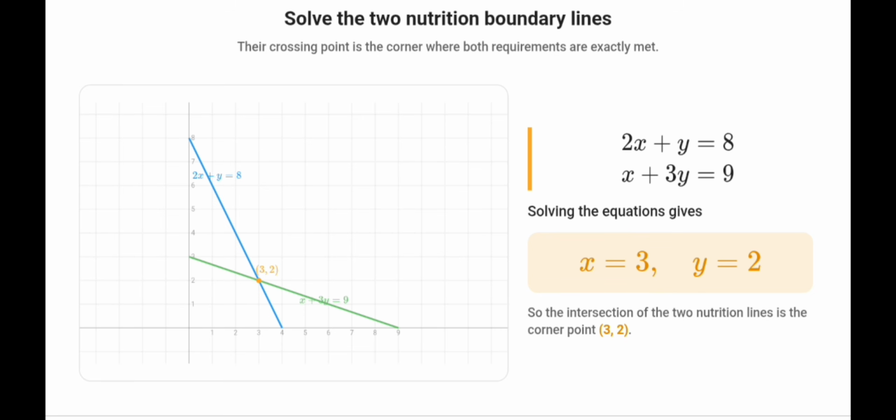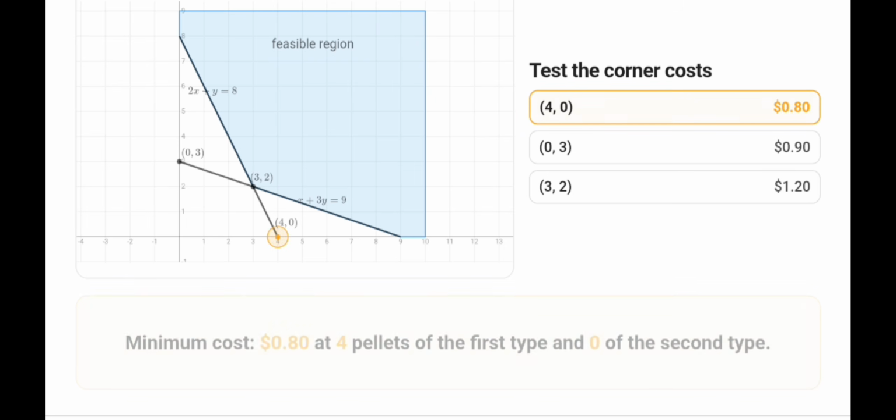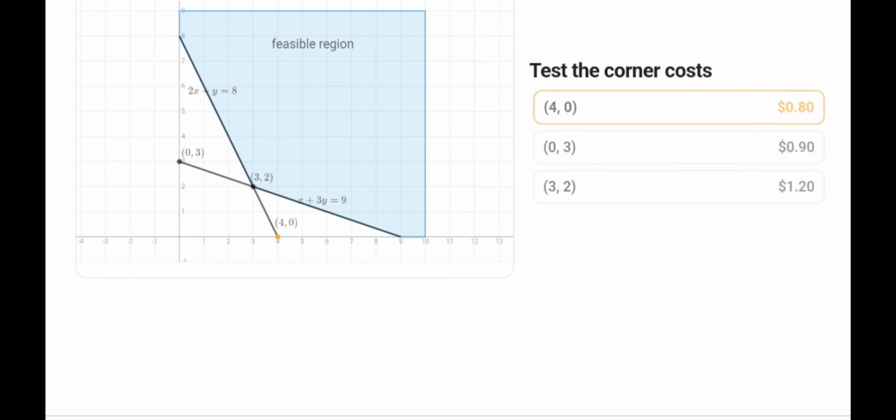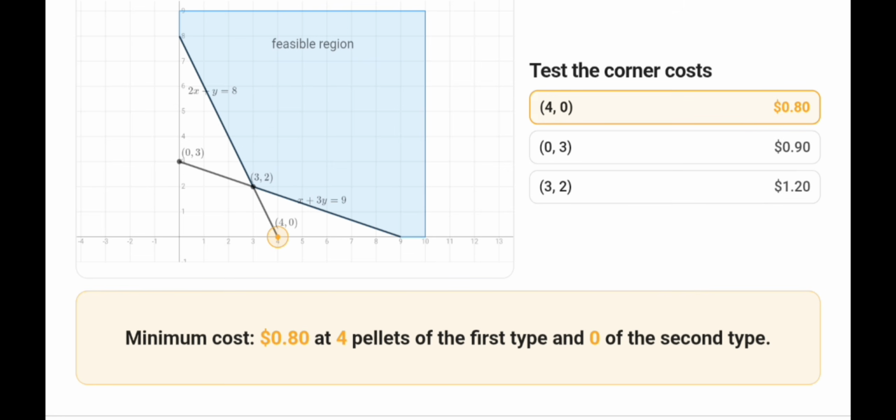Solving the equations 2x plus y equals 8 and x plus 3y equals 9 gives the intersection at x equals 3 and y equals 2. The costs at the three corner points are 80 cents, 90 cents, and $1.20. So the minimum cost is 80 cents at 4 pellets of the first type and 0 pellets of the second type.